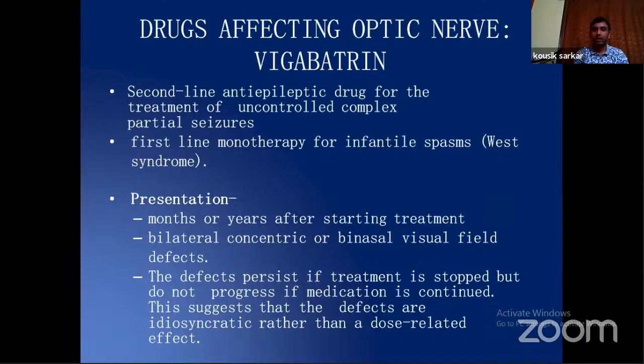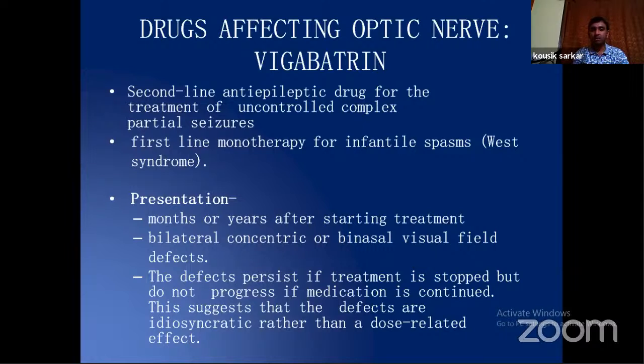Vigabatrin, an anti-epileptic drug, also causes optic nerve damage. In patients on vigabatrin treatment, the damage usually occurs months or years after starting treatment. If we see the visual fields in this type of optic neuropathy, we can see bilateral concentric or binasal visual field defects.